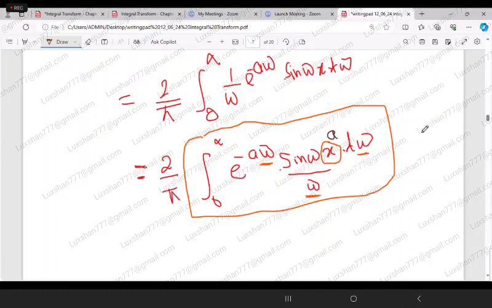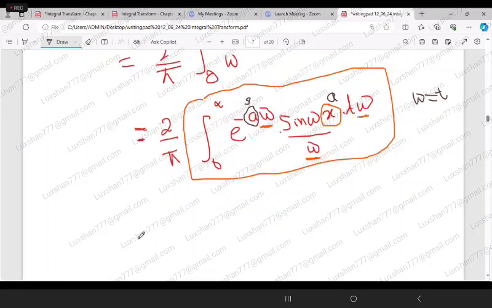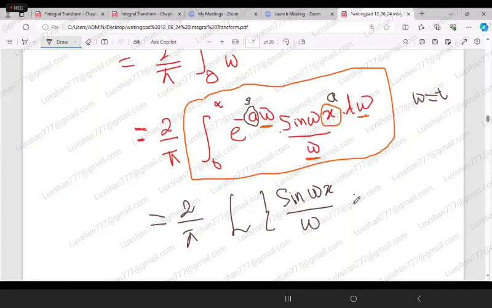Omega is our t. And this one is our s. So actually, what is this? This is nothing. Root 2 over pi Laplace transform of sine omega x over omega, where s is a.